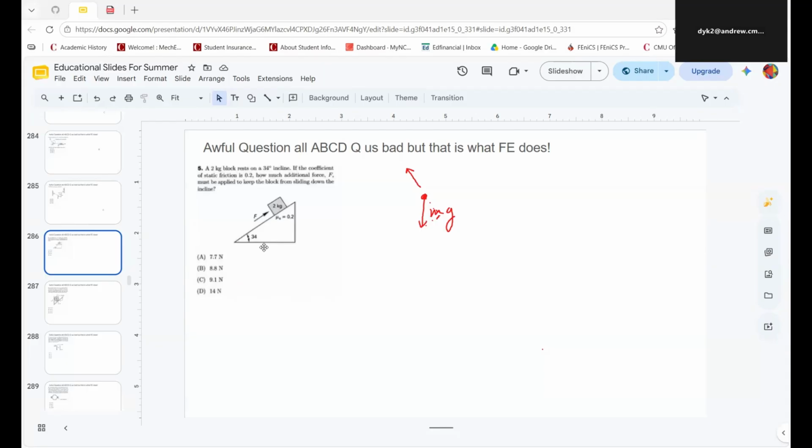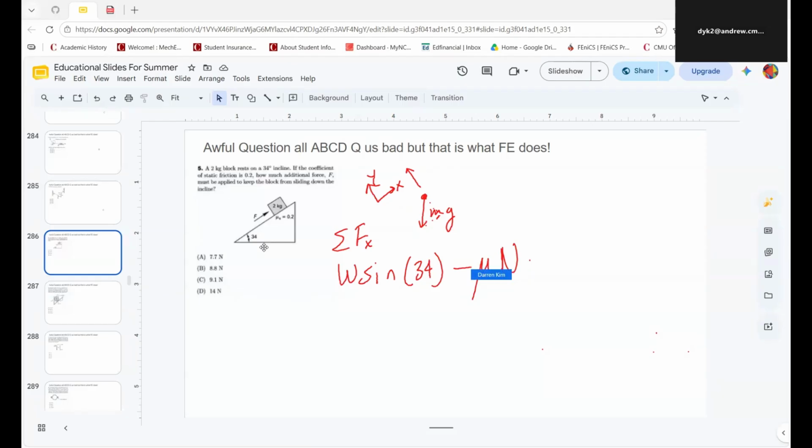So we do the summation of Fx first, which is in this direction. It's going to be W sine 34, plus the friction, and actually it's going to be minus.